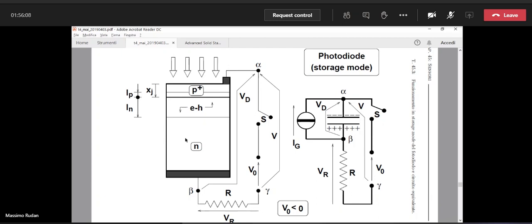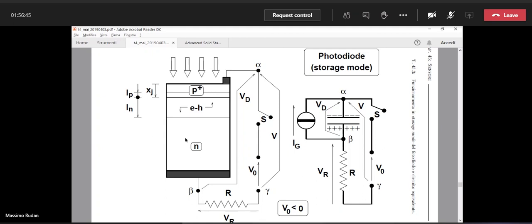So the optical generations continue to happen, but it is impossible for the generated charges to flow through the external circuit. The conclusion is that the generated charges, electrons and holes, accumulate inside the device. We shall see soon how this happens, okay?